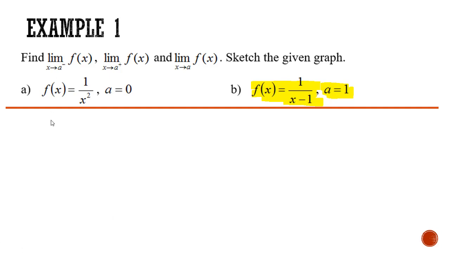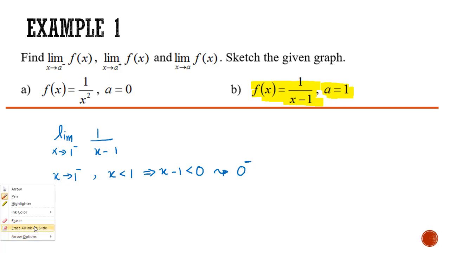Example B. The denominator is a linear function, x minus 1. It can be positive, it can be negative. So approaching 1 from the left is the interval less than 1. Therefore, x minus 1 is less than 0, denoted 0 minus. After we substitute the 0 minus, the overall ratio is negative.